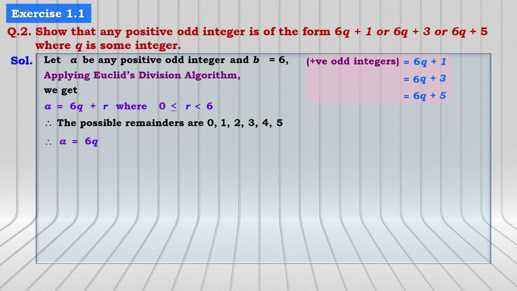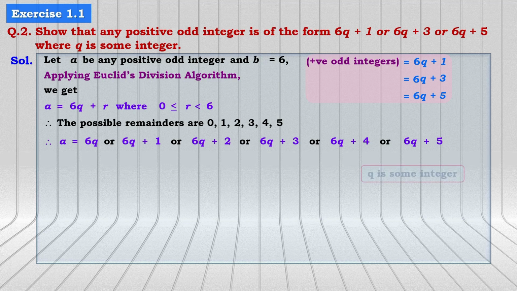So a is equal to 6q plus 0, that is 6q, or 6q plus 1, or 6q plus 2, or 6q plus 3, or 6q plus 4, or 6q plus 5. Here q is some integer, as already mentioned in the question.